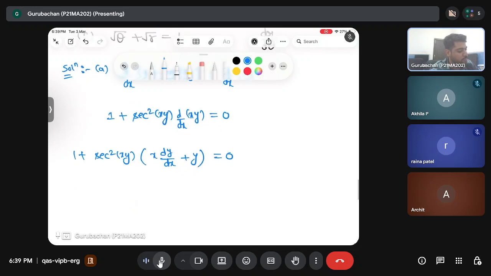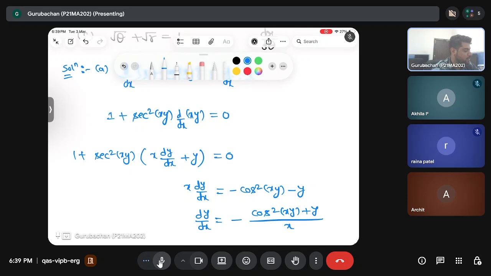From here you will get x dy by dx minus cos of xy minus of y, so dy by dx will be minus cos square xy plus y divided by x. Is it the same?